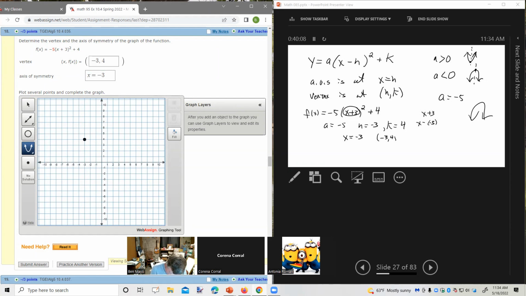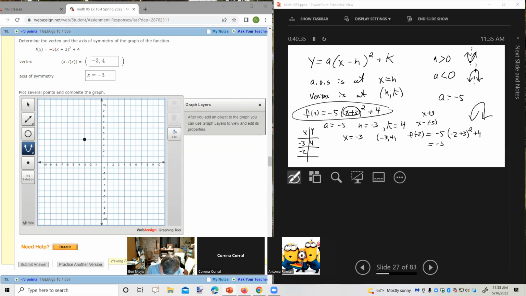Okay. Now, I need to calculate a second point. We know the vertex is at -3, 4. I'm going to pick an x value very close to -3. So how about -2? So f of -2 is going to be -5 times the quantity -2 plus 3 squared plus 4. So I'm taking this function and evaluating it for -2.